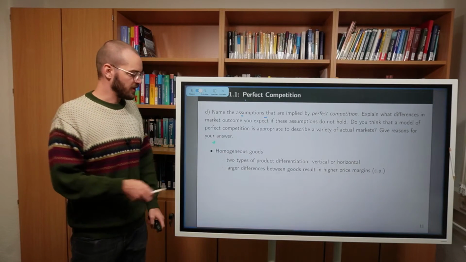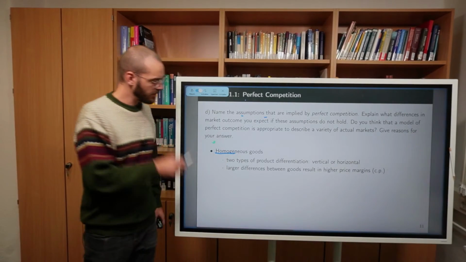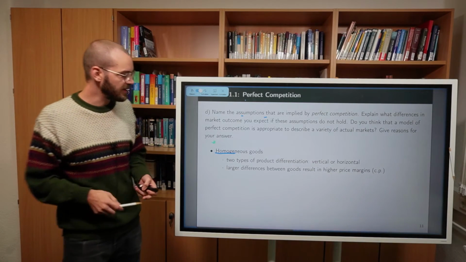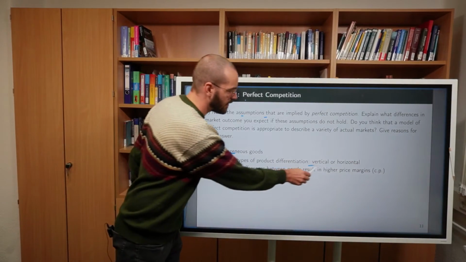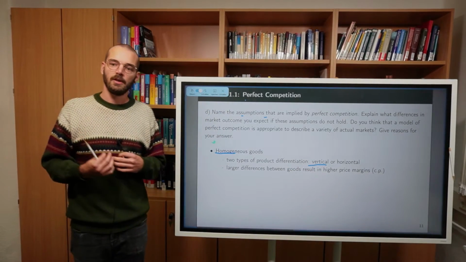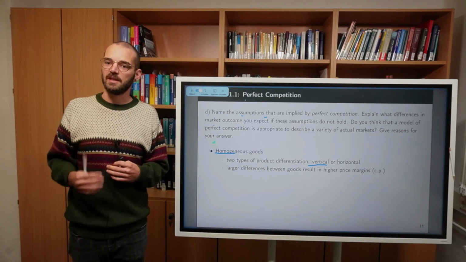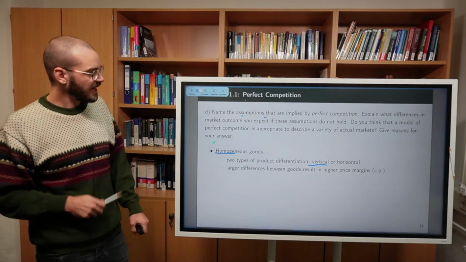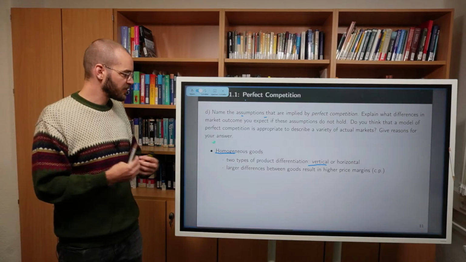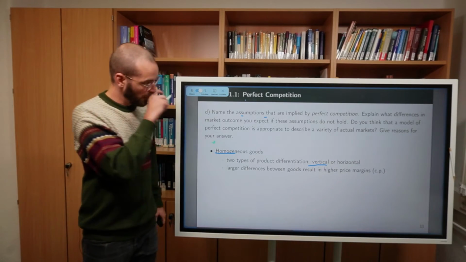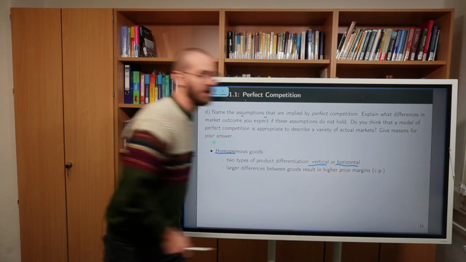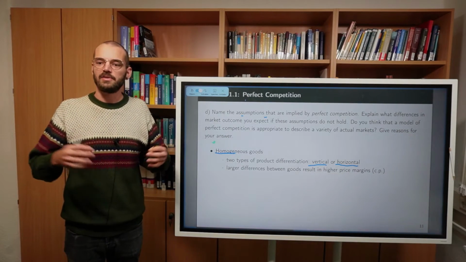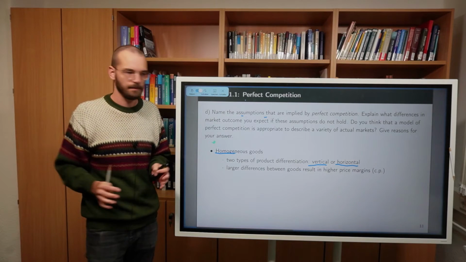Typically, if we wanted to give up on this assumption, there are two ways to think about non-homogeneous goods, and that is first vertical differentiation, something that we usually associate with differences in quality, like measurable differences in quality. And then the second way of abstracting from this assumption would be horizontal product differentiation, which is usually understood as a differentiation according to taste.